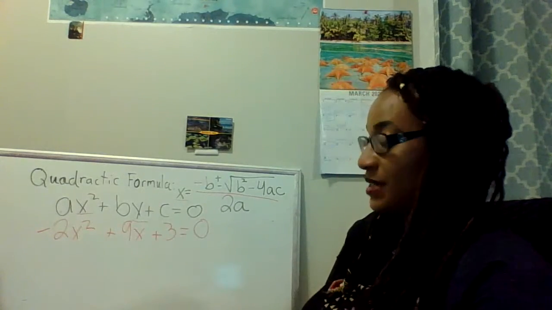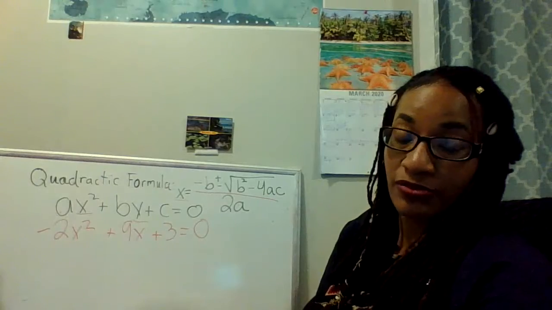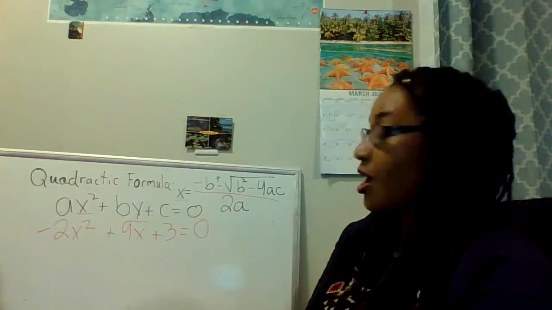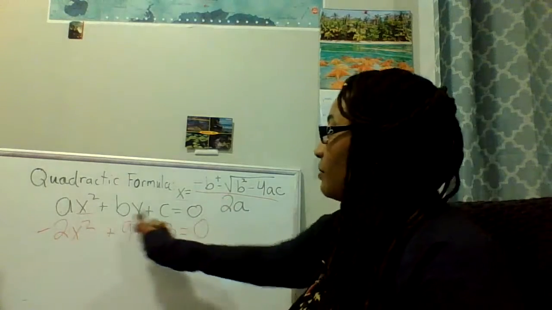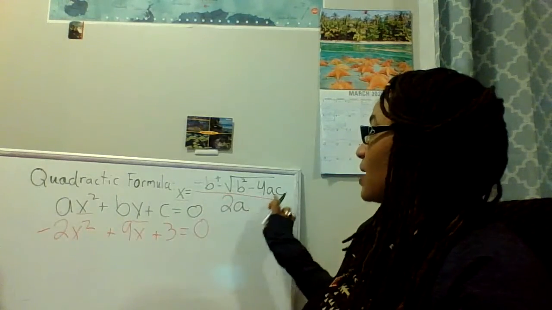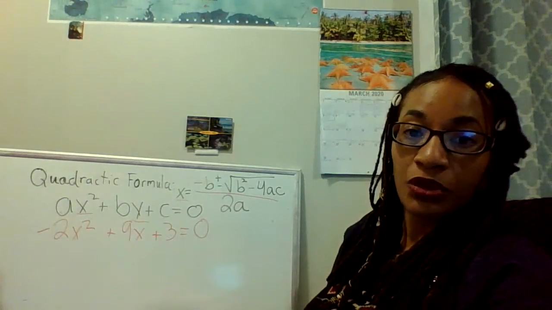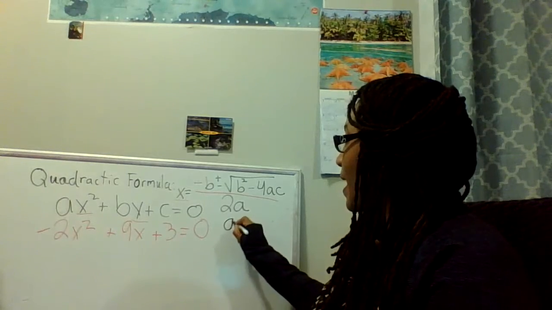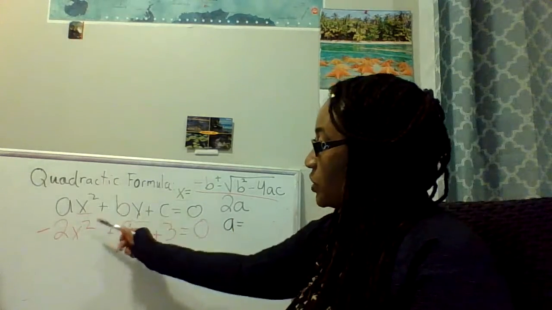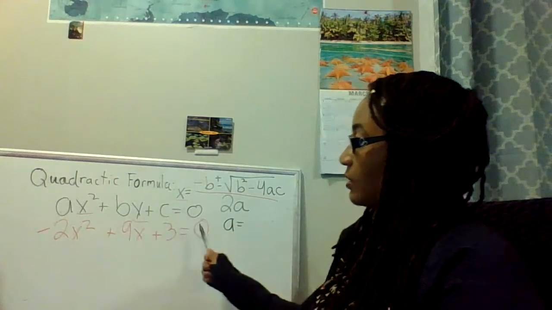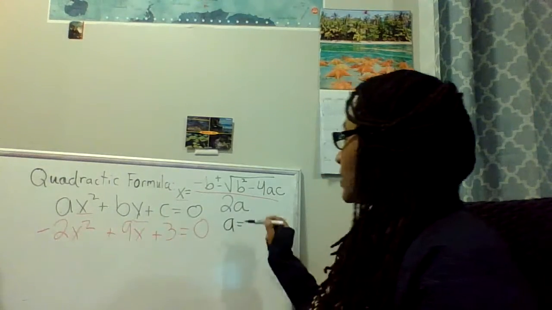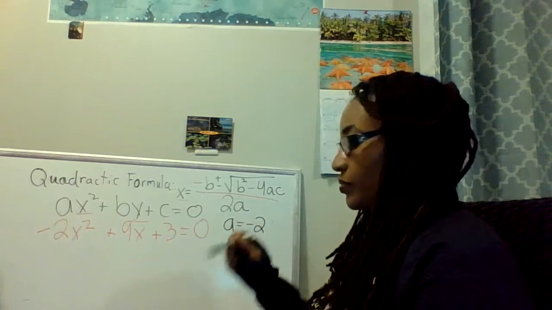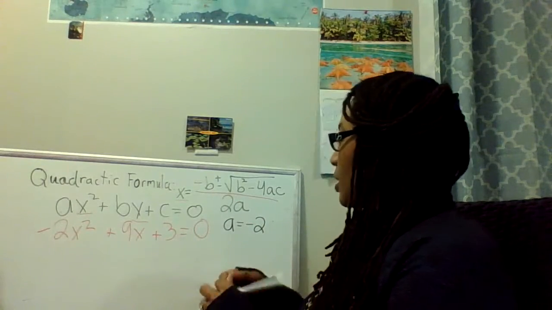Let's just go ahead and identify the first step in order to solve this problem. Even if you didn't know how to solve a problem, but you can follow instructions, the first step is to identify A, B, and C, because those are inside of this formula. Okay? So what is A? A, according to the quadratic function in its standard form, is going to be negative 2. Okay?